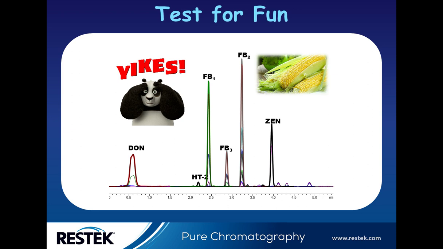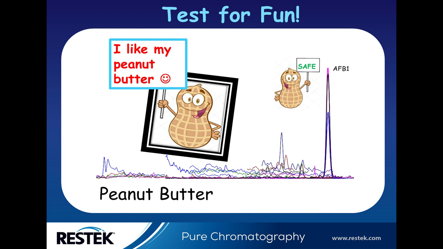Then I did a test. I saw this chromatogram. It seems like I saw most of the mycotoxins at a relatively high level. I was totally shocked, and I know what brand it is. I'm not gonna buy that anymore.